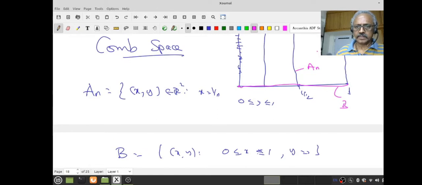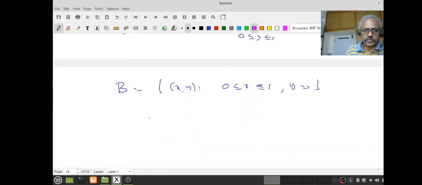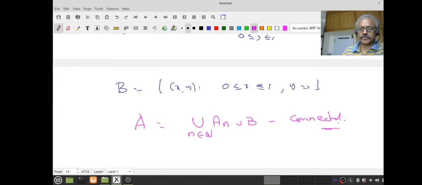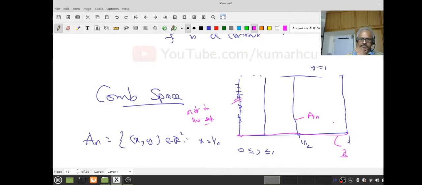Okay, and this point is not in the set. So what I have is A equals the union of A_n, union B. This is connected. So we have shown that the comb space is connected.